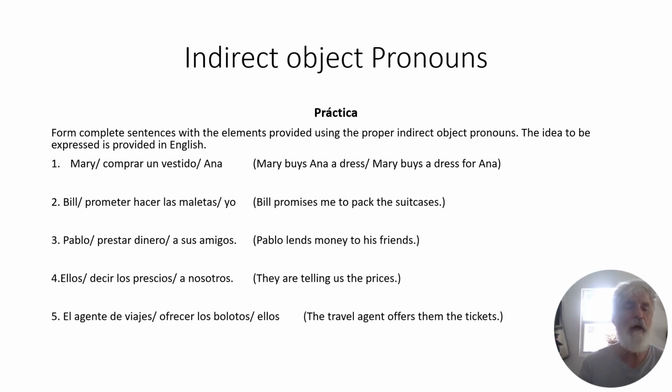So we want to rewrite this sentence. Mary compra un vestido, Ana. So how are we going to do it? Mary le compra un vestido a Ana. We have to have the indirect object pronoun to her because we're buying it for her. It's Anna, so we have le. The indirect object pronoun always comes immediately before the conjugated verb. So Mary le compra un vestido, and then we tack on a Ana.